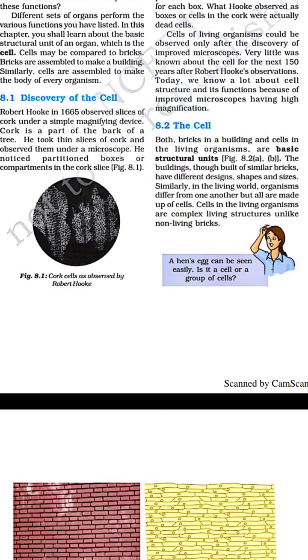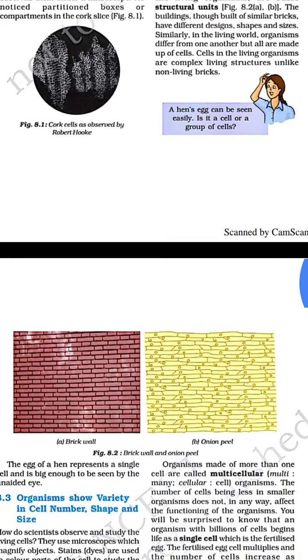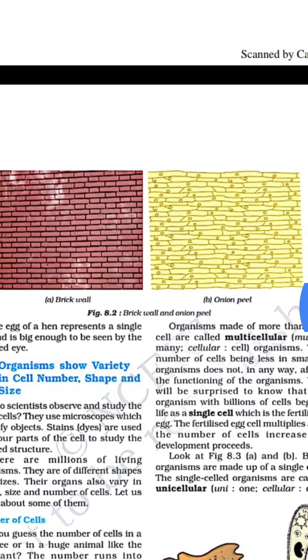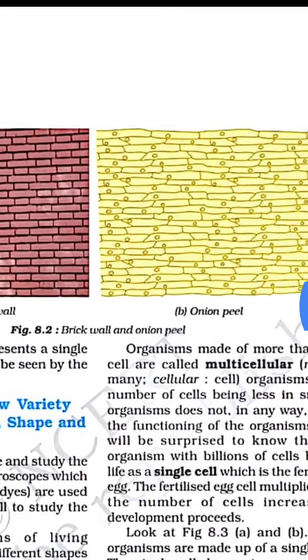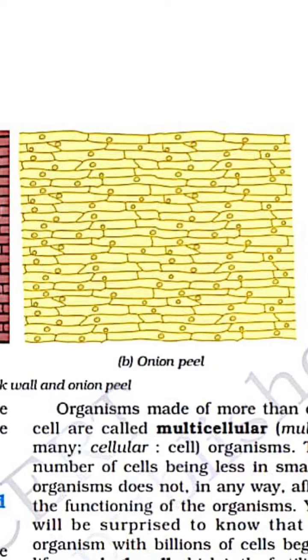So cells in living organisms are complex living structures, unlike non-living bricks, because bricks are non-living and their structure is different from the cell structure of a living organism. In the figure, you can see the brick wall as well as the structure of the onion peel. This was also seen with the help of the microscope, that is, the cell structure of the onion peel.